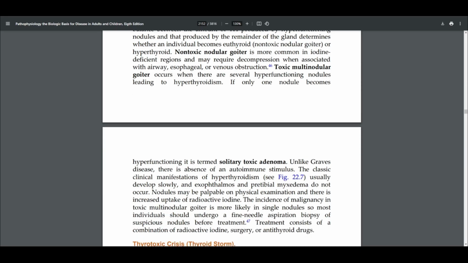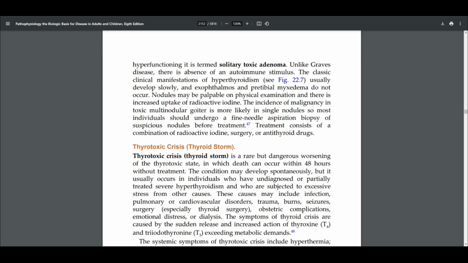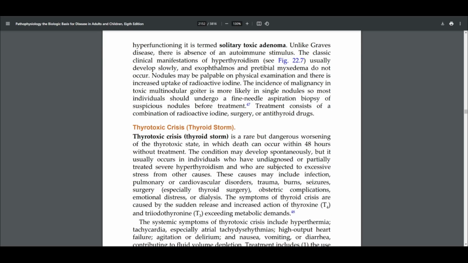If only one nodule becomes hyperfunctioning, it is termed solitary toxic adenoma. Unlike Graves' disease, there is an absence of the autoimmune stimulus. The classic manifestation of hyperthyroidism usually develops slowly, and exophthalmos and pretibial myxedema do not occur.